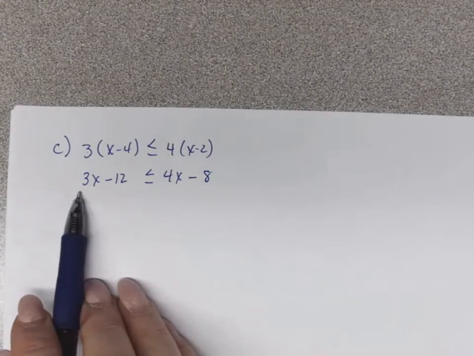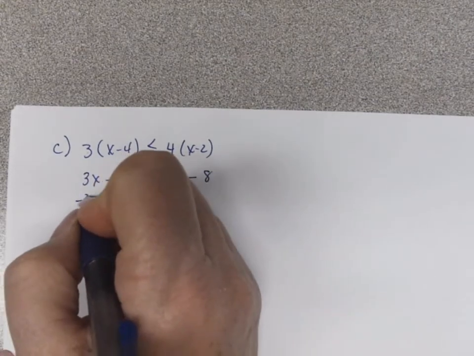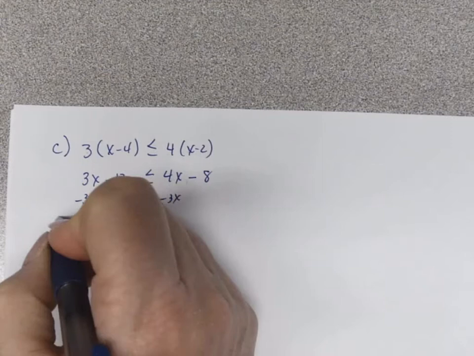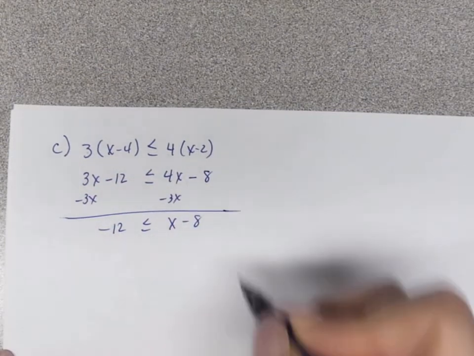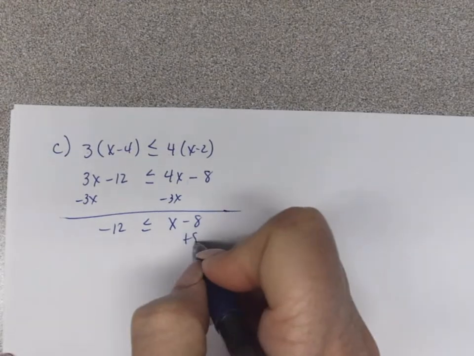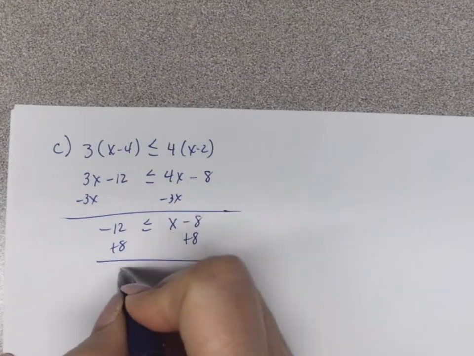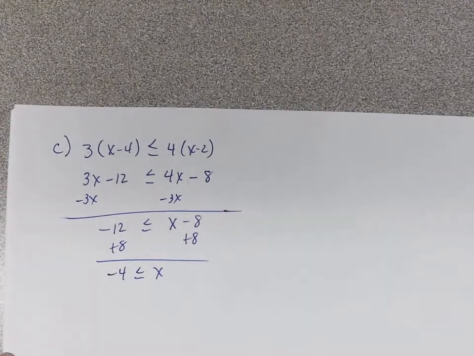Now I have 3 x's here and 4 x's there, so I'm going to move my x's over. So minus 3x gets me negative 12 less than or equal to x minus 8. Add my 8 to the other side, and I get negative 4 less than or equal to x.